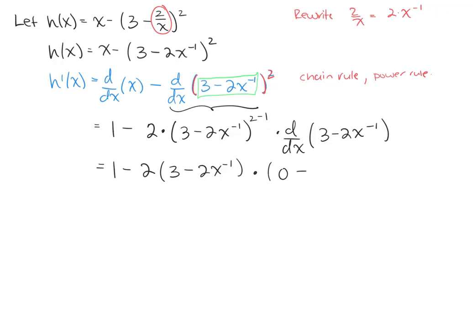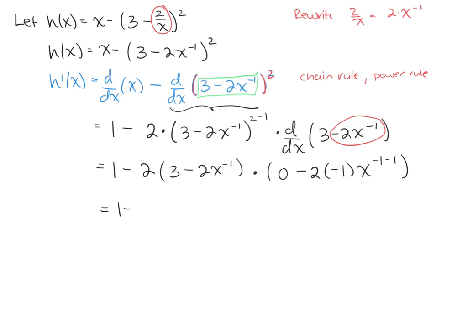And then the derivative of this guy, so let's take the derivative of 2x to the negative 1 power. That's going to be, I've got that negative 2, and then I multiply it times that power of negative 1, times x to the negative 1, and then minus 1. Okay?